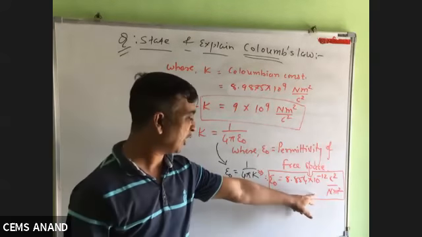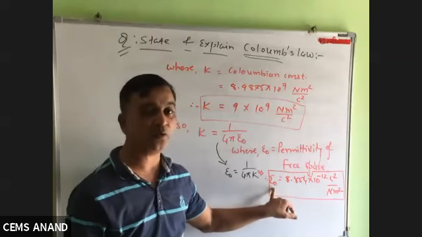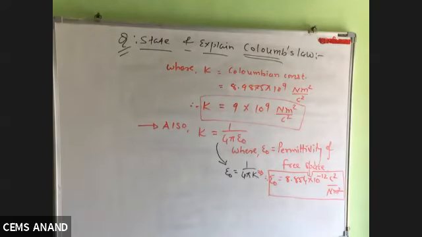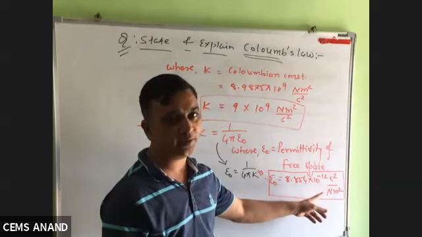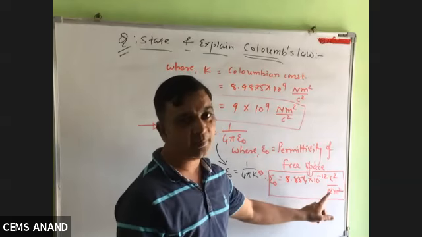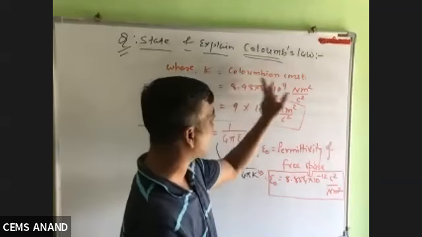Because the dimensional formula of epsilon 0 was asked 3 times in previous papers. So today's second homework for you is to prepare the dimensional formula of epsilon 0 as well as of k. What is k? It is Coulomb's constant.